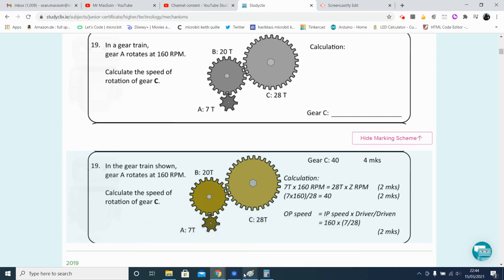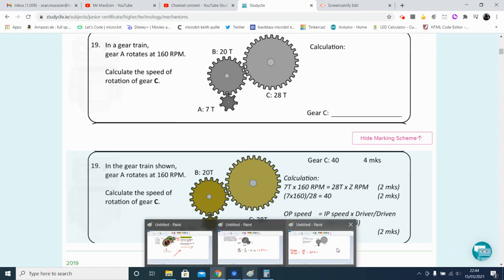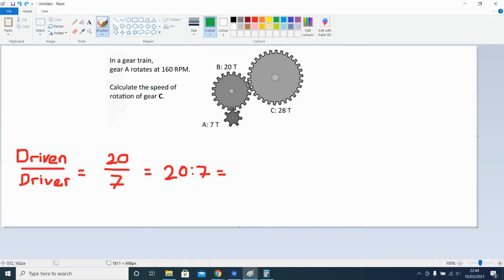So let's look at this question above. In this question, you're asked, in the gear train system, gear A rotates at 160. What is the output speed of C?